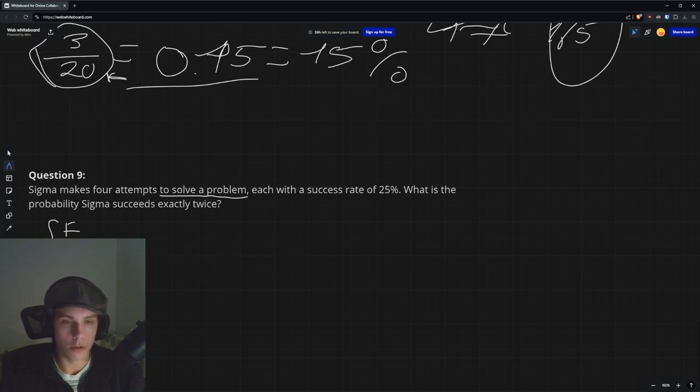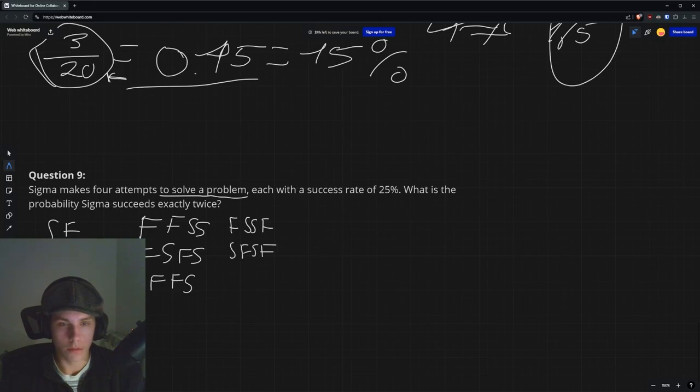So what are the possible options? It's all the same thing again. For 2, it's either fail, fail, success, success; fail, success, fail, success; success, fail, fail, success; success, fail, success, fail; and I think that's it actually.